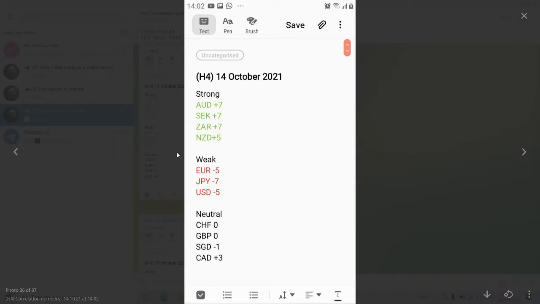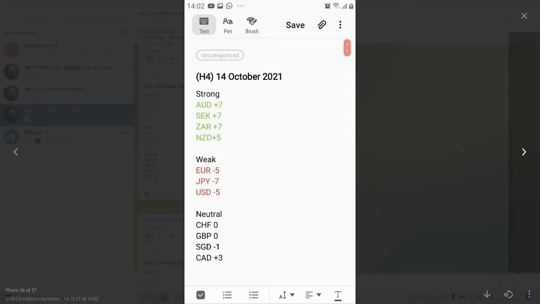So let's look at the correlations of the day before. The euro was sitting at -5, as you can see, and the US dollar still -5. That means the market is going to range.